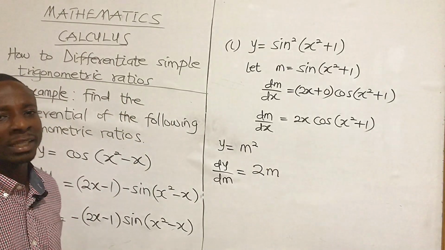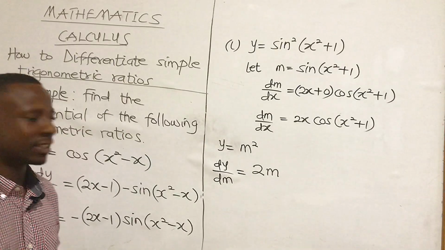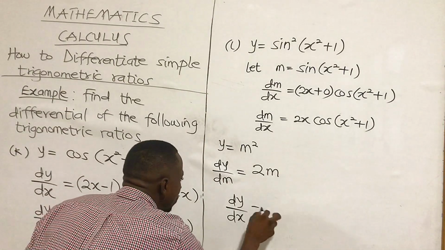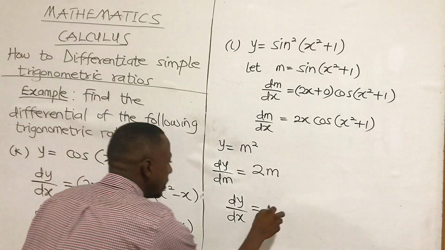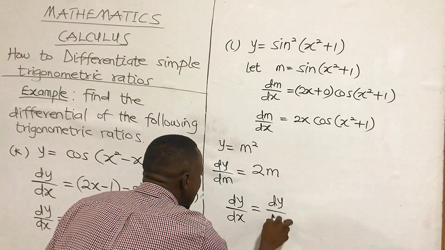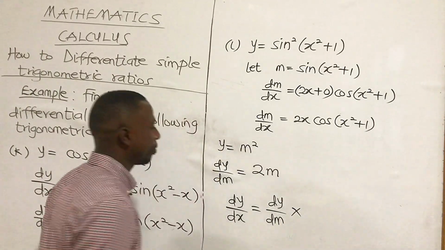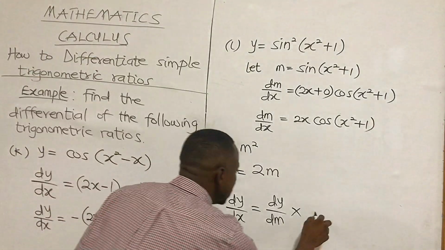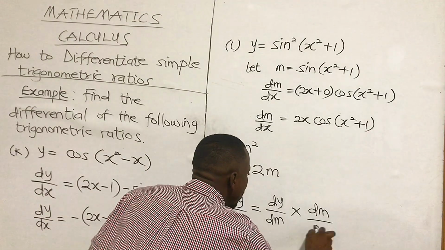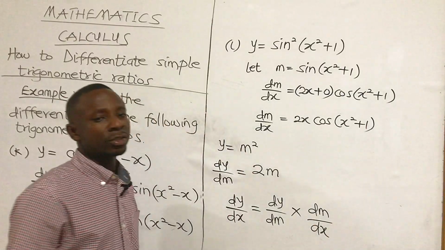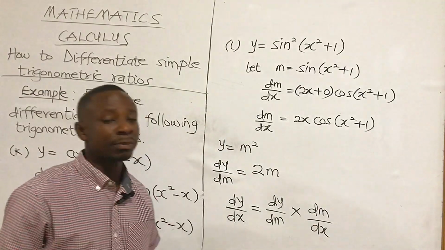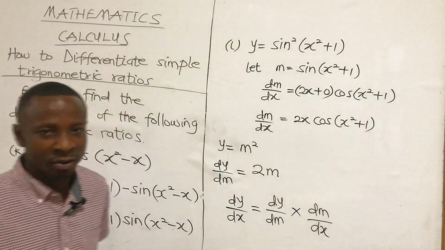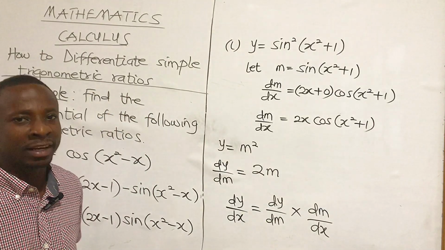So now let's look at dy over dx. Dy over dx is going to be dy over dm multiplying dm over dx. So anytime we are multiplying like this, we get a final answer.